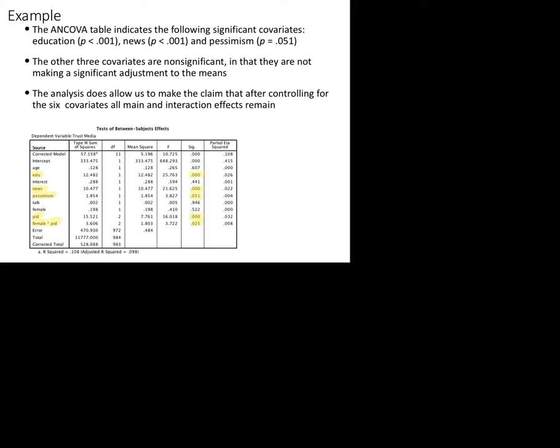And so we can go and look at the rest, and I highlighted the other two covariates that were significant. And for the most part, in this analysis, we really don't care that much about our covariates. If I were writing this up, I'd have one sentence that would say education, news, and pessimism were significant covariates, and I might somehow try to jam in F tests and p-values for all of those in that same sentence, and it'd probably be sort of clunky looking.